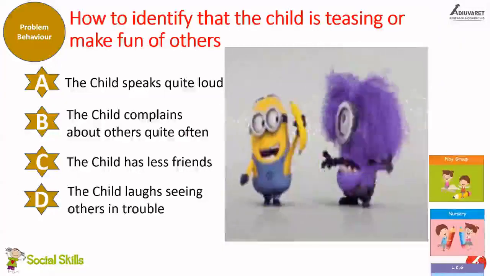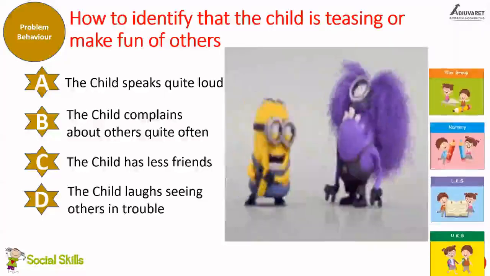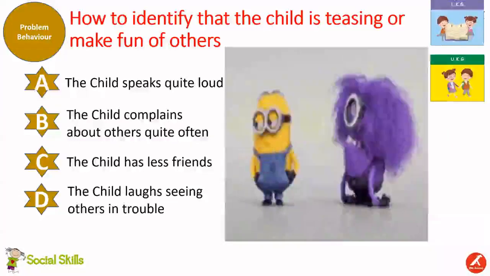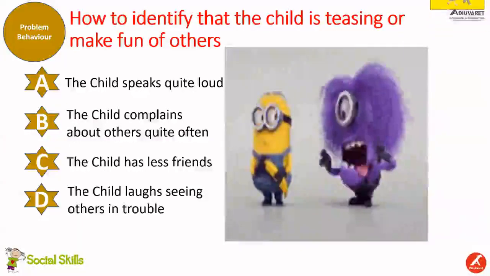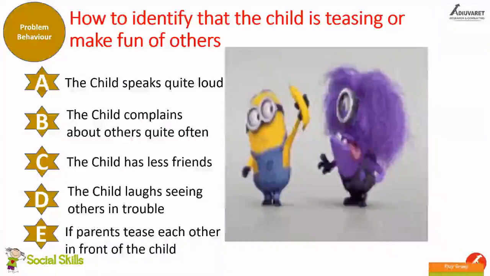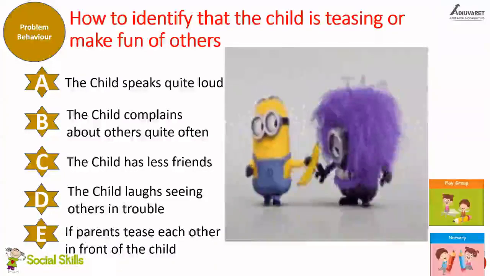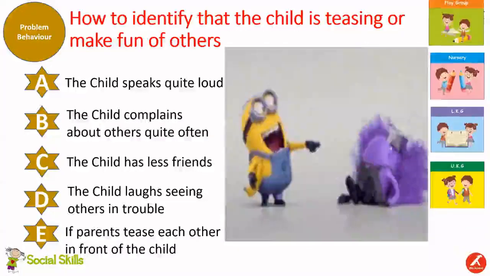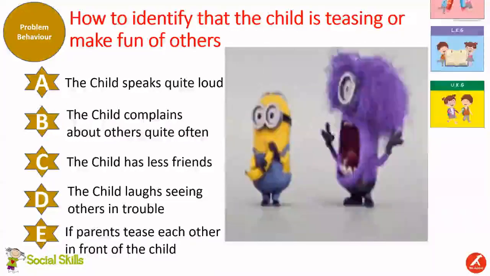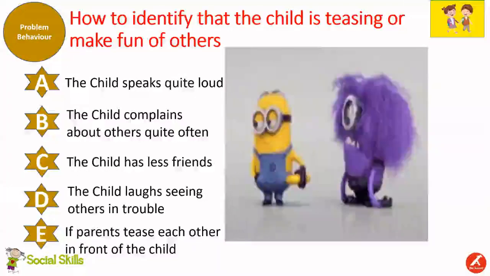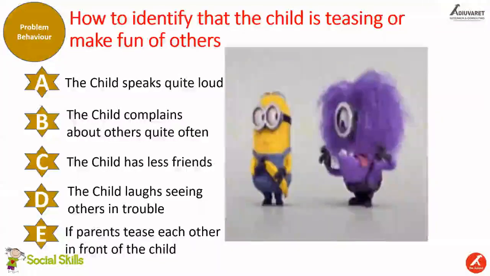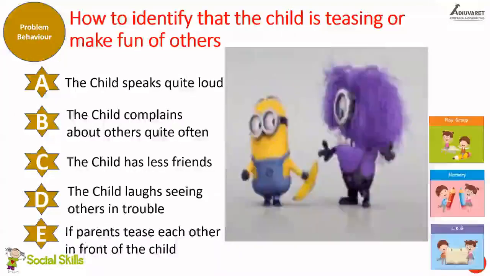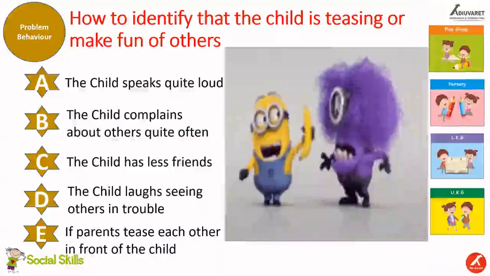So if we have such experience with our children, make sure the child is not developing this antisocial behavior of teasing others. And finally, the other sign we look for in our children is whether parents tease each other in front of the child. This is a checkpoint for ourselves. We have to consciously check if we at home tease each other or make fun of others.